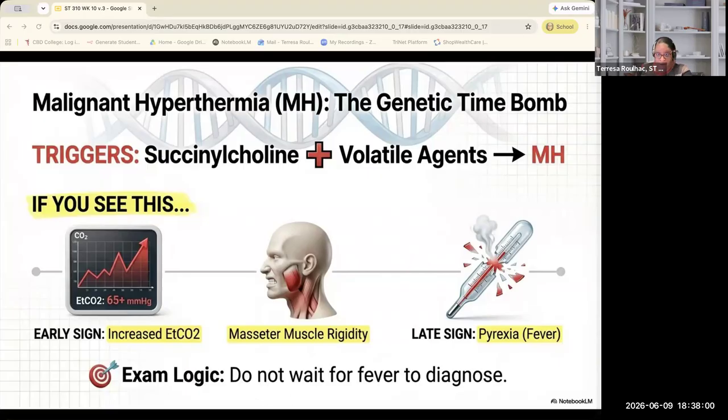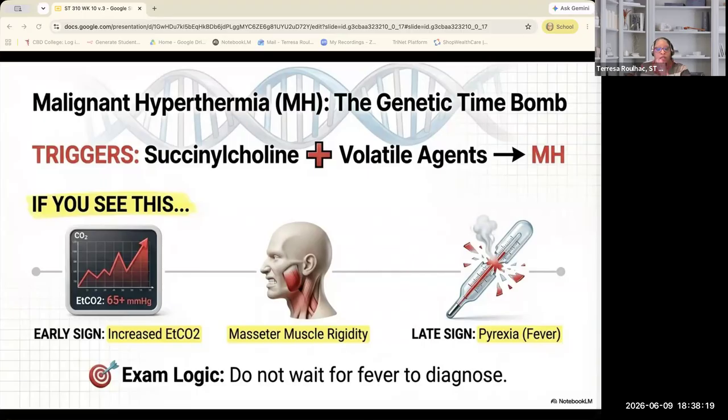Don't wait for fever. Hyperthermia is often a late sign, not an early sign. By the time the temperature begins rising significantly, the crisis may already be well underway.